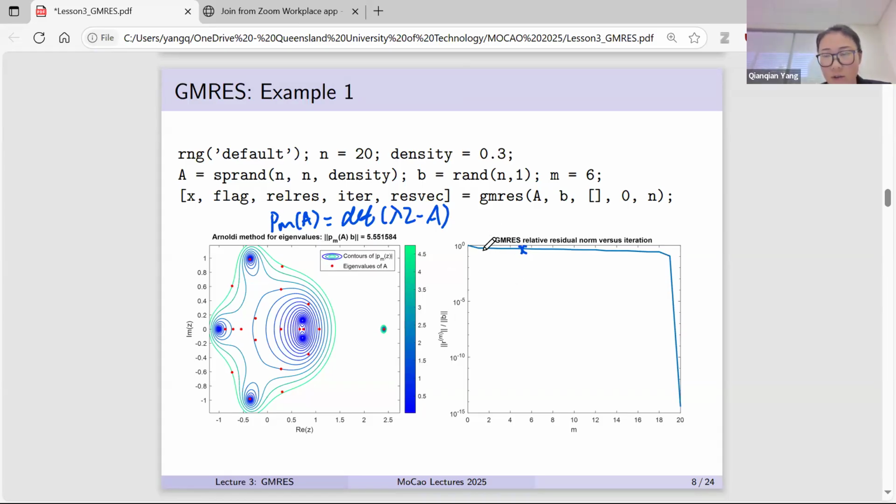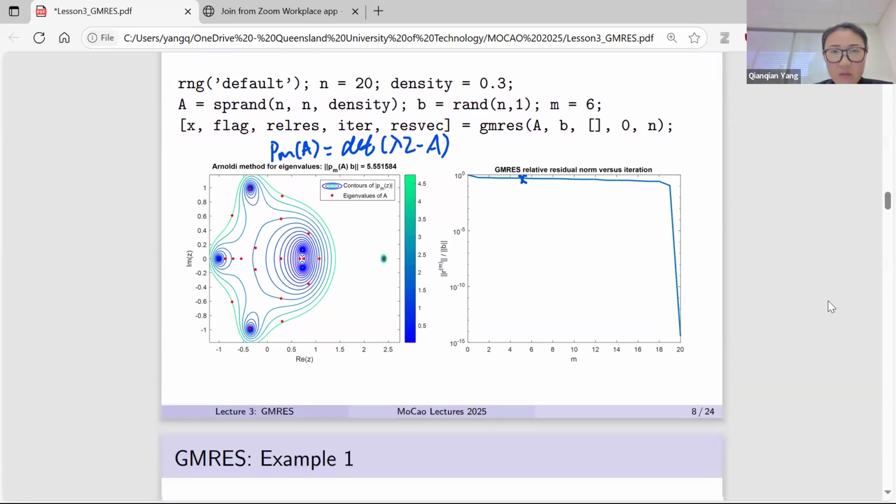The relative residual is still pretty high. I kept increasing the size of my Krylov subspace, and still not much happening until much later, maybe m is 19. The relative residual is finally coming down. Of course, when I take m equals 20, you are solving the exact problem and you get the exact solution. That's no surprise. But what's going on here?